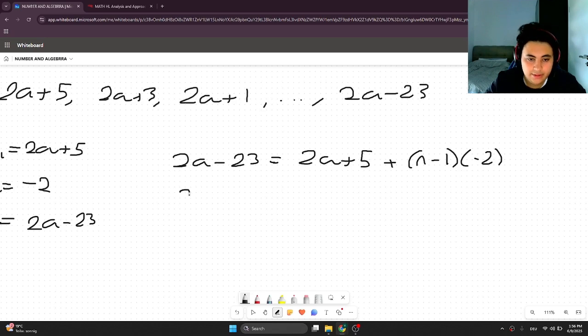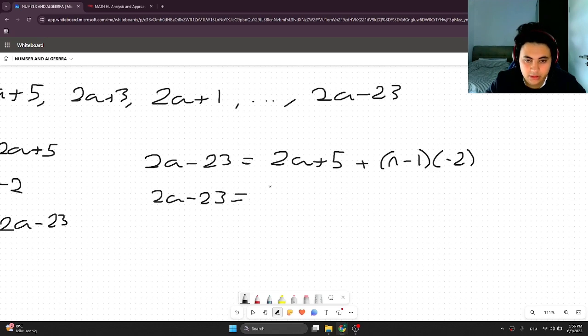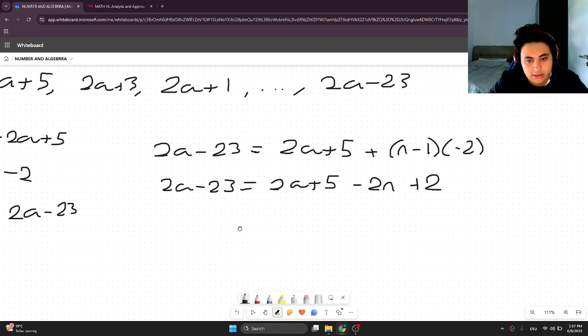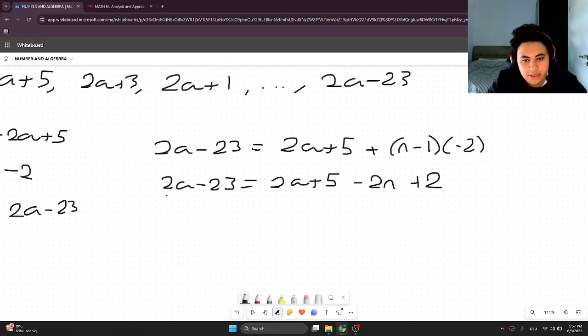So 2a minus 23 is equal to 2a plus 5 minus 2n plus 2. We can subtract 2a from both sides, so these go.